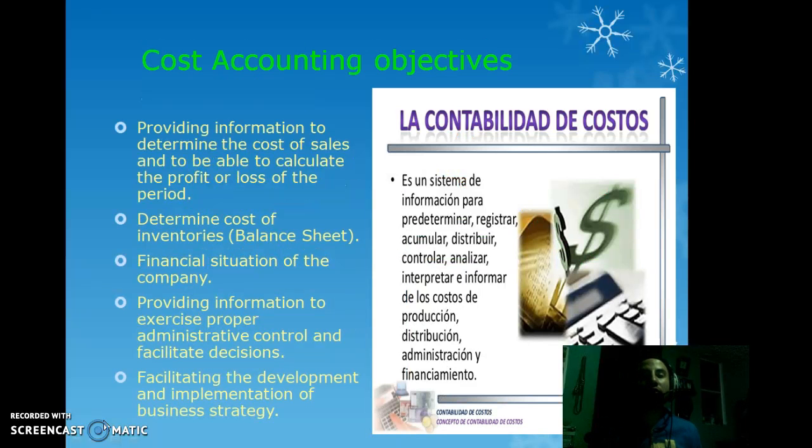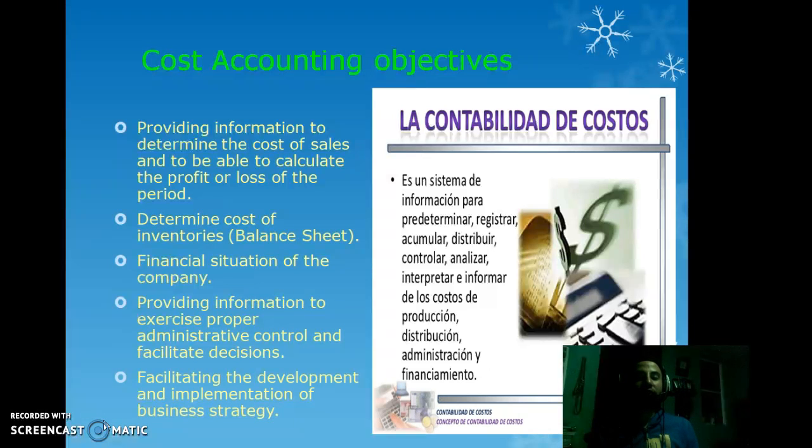Now the cost accounting objective. This is an information system to predetermine, to register, to accumulate, to distribute, to control, analyze, to interpret, to inform the production, distribution, administration, and financial costs. It provides information to determine the cost of sales and to be able to calculate the profit or loss of the period.